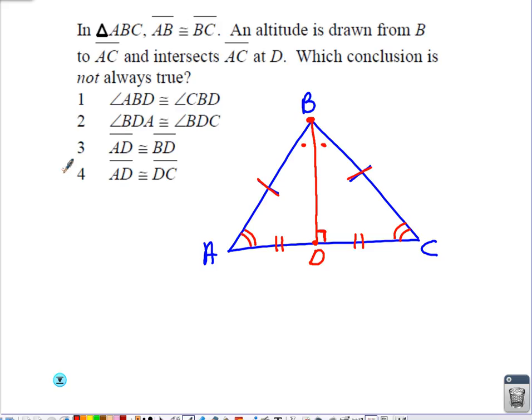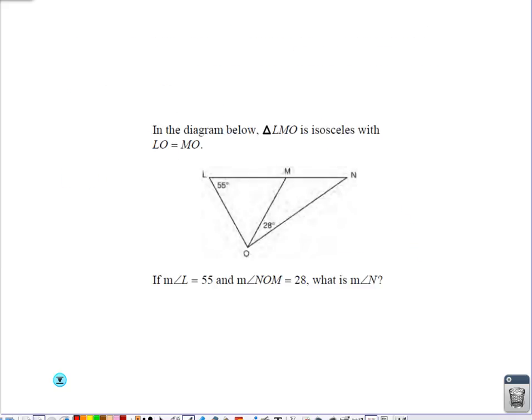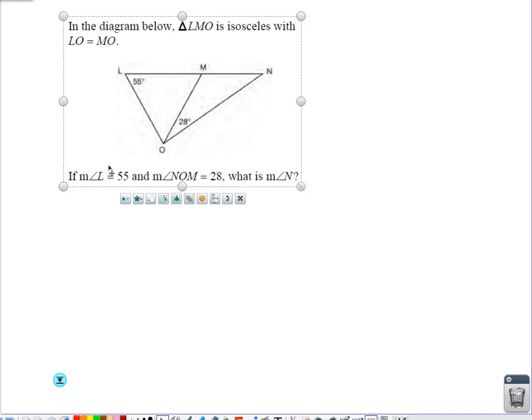Anybody? Complete mirror images of each other? Yes. Is BDA congruent to BDC? Yeah, because they're perpendicular. Is AD and BD the same? No, that's the one that's not. Is AD and DC? Yeah, because it lies on a perpendicular bisector. Move along.